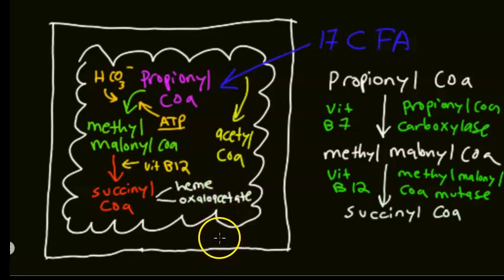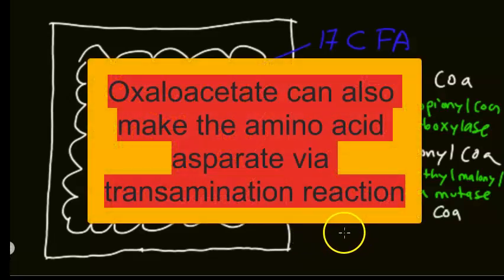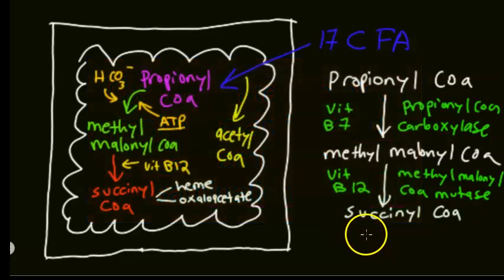What's going to happen is that this oxaloacetate is actually going to be converted into malate, right? So it's going to be converted into malate in the mitochondrial matrix and then leave into the cytoplasm as malate and then be converted back into oxaloacetate in the cytoplasm of the cell where it can be used for gluconeogenesis. So this oxaloacetate can be used in gluconeogenesis. And then, of course, succinyl-CoA can enter the citric acid cycle and make ATP.